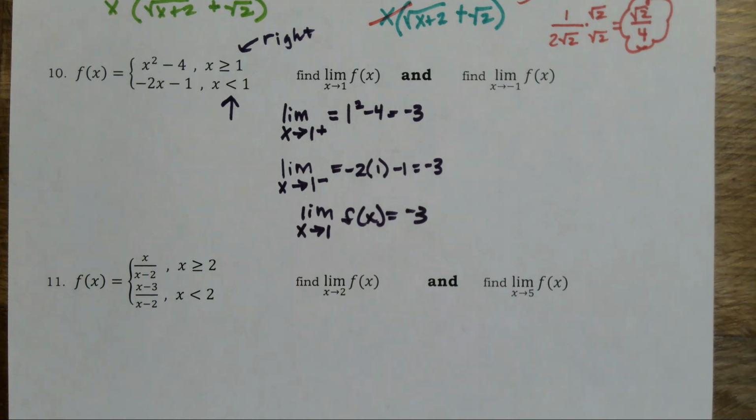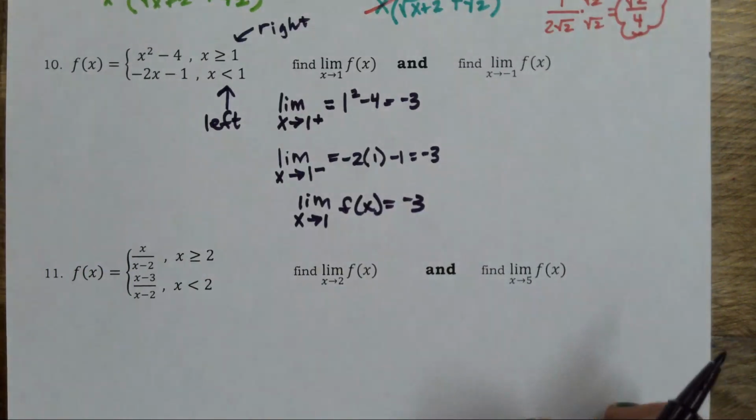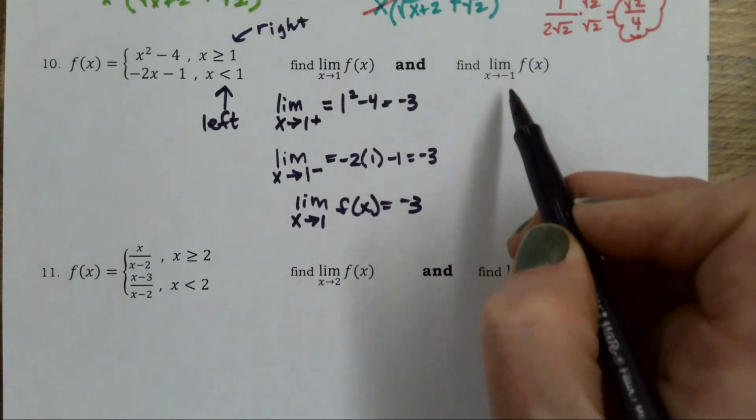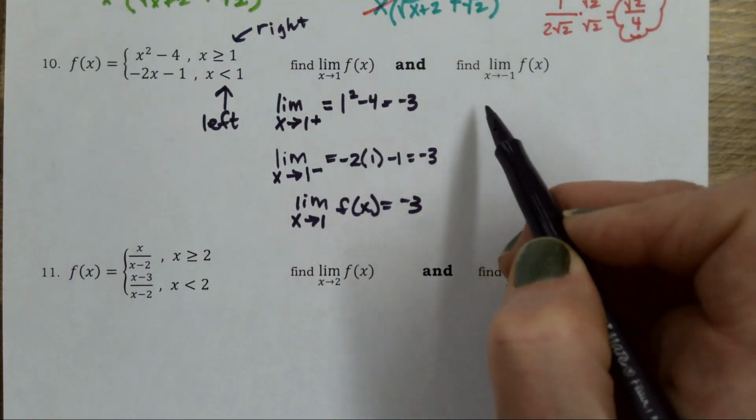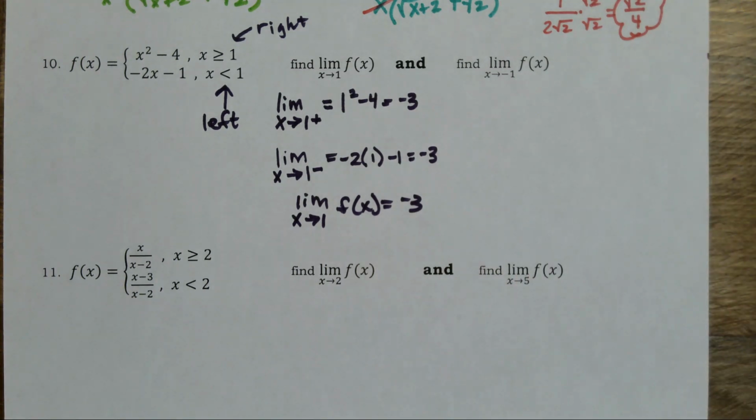And again, piecewise is only an issue at the place it tells us it's an issue. It is not an issue at -1. I forgot to put left here. Which part of the function does -1 fall under? The parabola or the line?